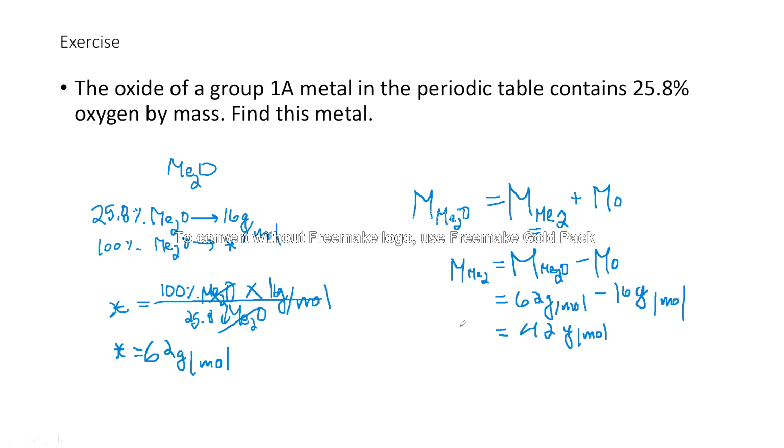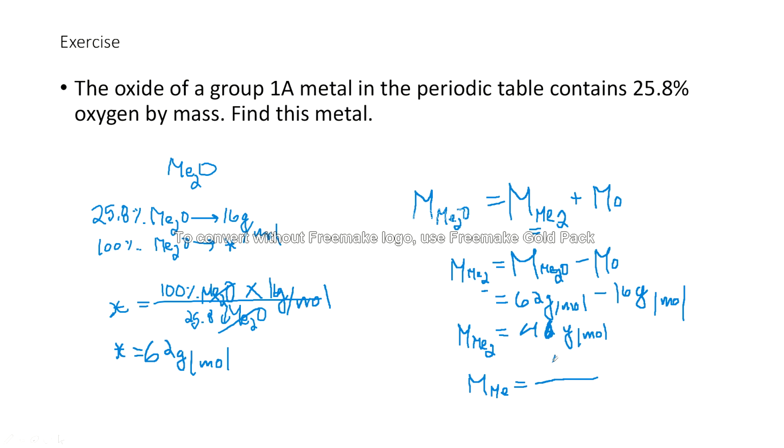So that is the mass of the metal for Me2. Remember that is 2, it means that for 1 we need to divide this value by 2. Oh sorry, it's not 42, it's 46.